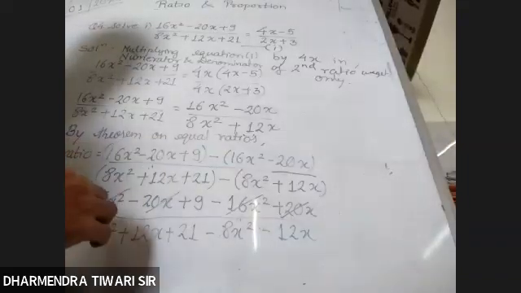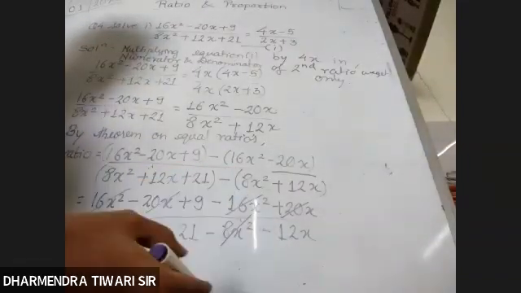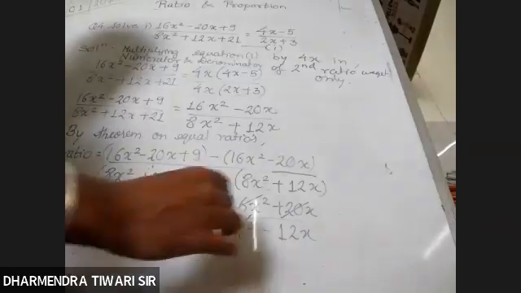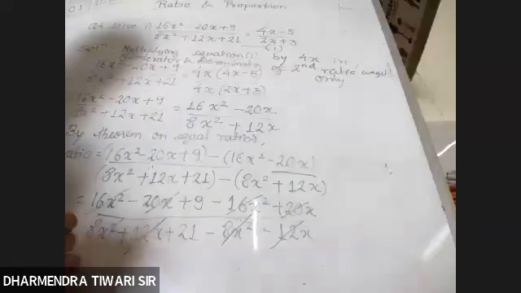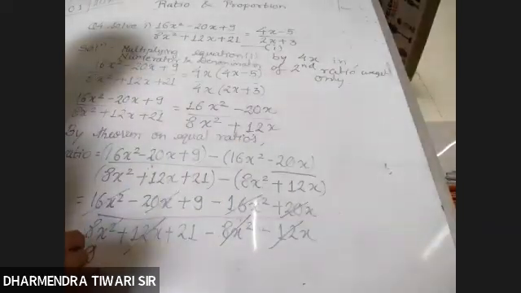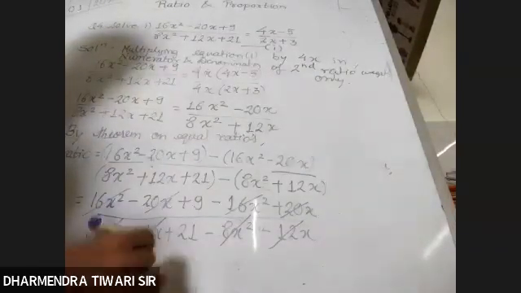Terms with opposite sign. 8x square minus 8x square gets cancelled. Plus 12x minus 12x gets cancelled. What remains? 9 upon 21. 3 3s are 9, 3 7s are 21.